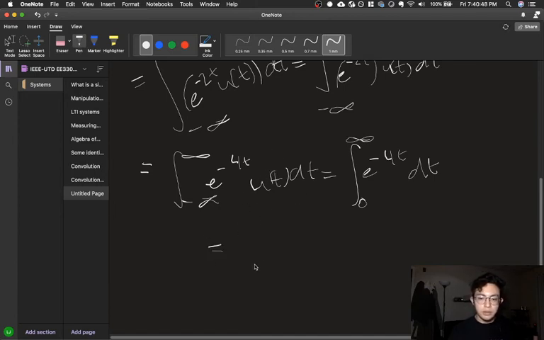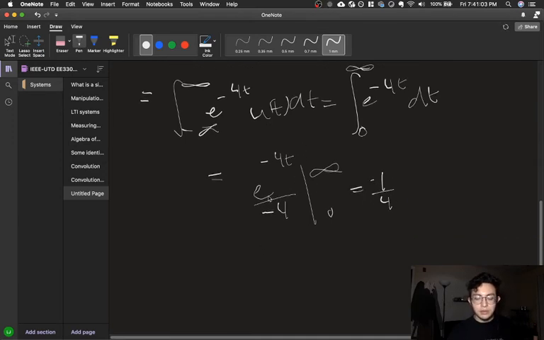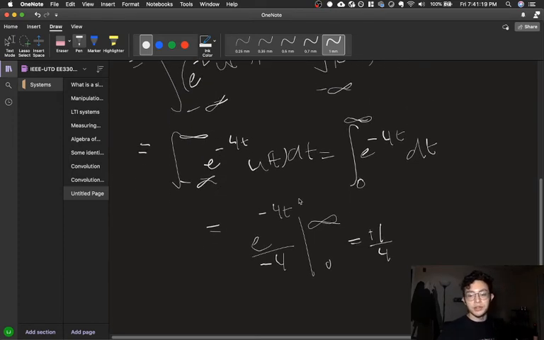What we're left with is negative e to the negative 4t over 4 from 0 to infinity. If you take the limit as it goes to infinity, it goes to 0, and then we subtract the value at 0, so it'll be plus 1 over 4. Yeah, that's it. So that's our energy.